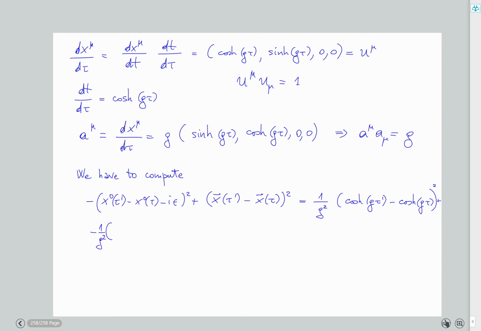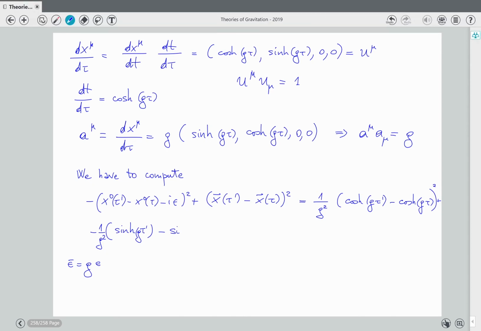It's better to collect a factor g and redefine epsilon. Epsilon is positive. Doesn't matter if we redefine it by means of a positive factor. So we have hyperbolic sine of g tau prime minus hyperbolic sine of g tau minus i epsilon.